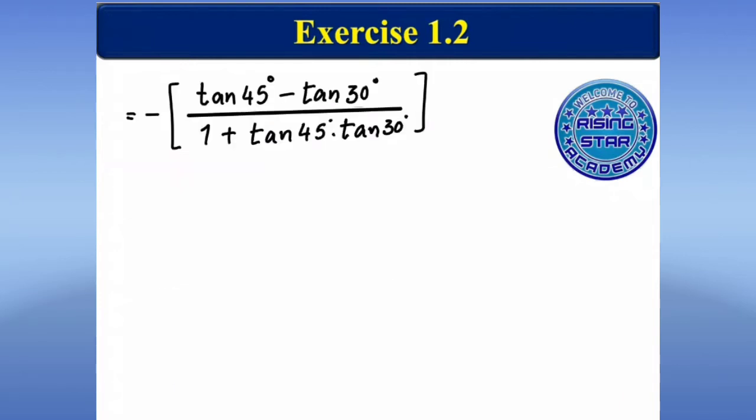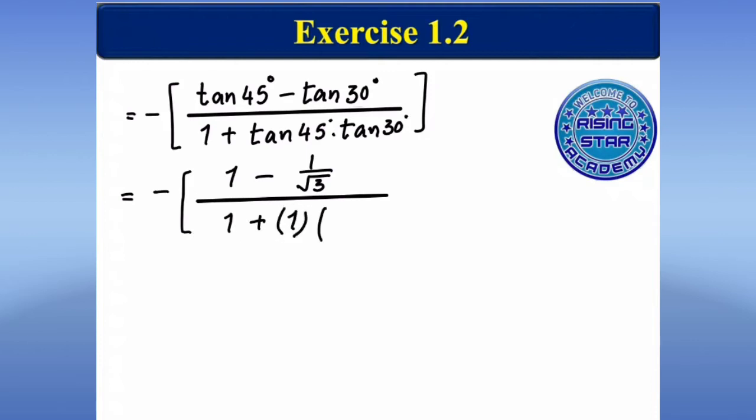Now I will use tan 45 as 1 minus tan 30 is 1 over square root of 3. 1 plus tan 45 is 1 and tan 30 is 1 over square root of 3.